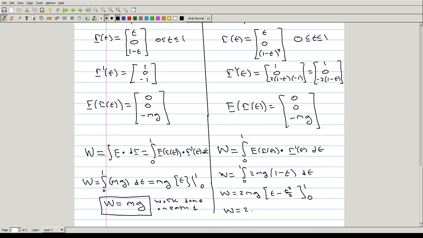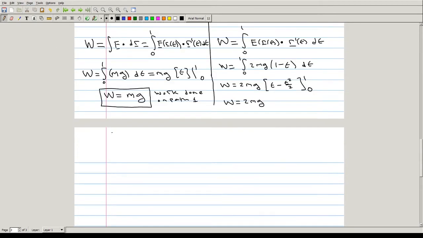This is equal to 2 m times g times 1 minus 1/2. And 1 minus 1/2 is equal to 1/2. So this is just equal to mg. We get that the total work done against f going along path 2 is also equal to mg.